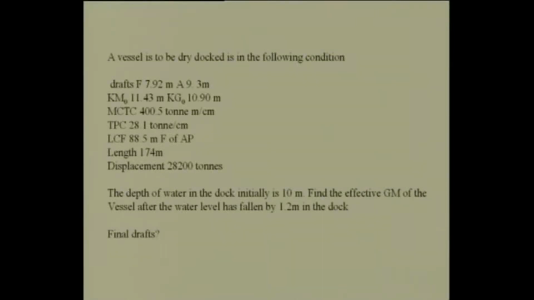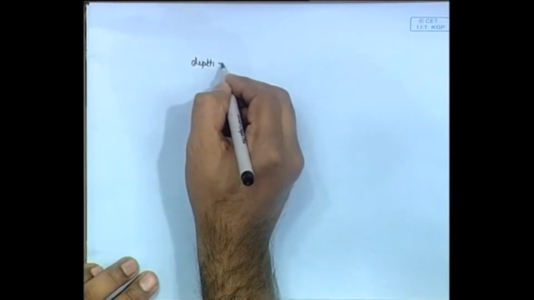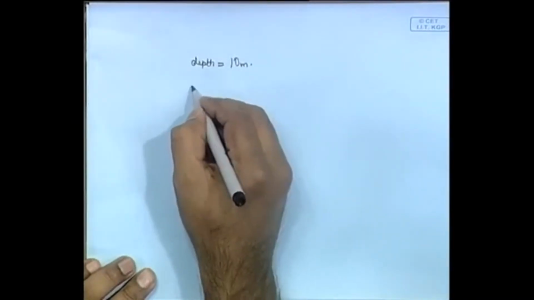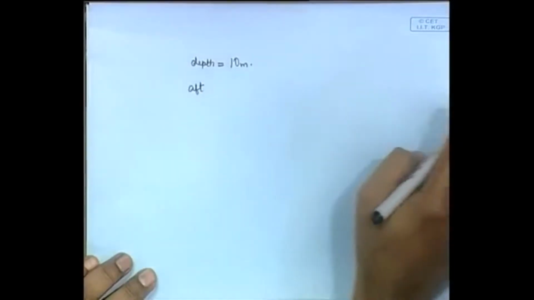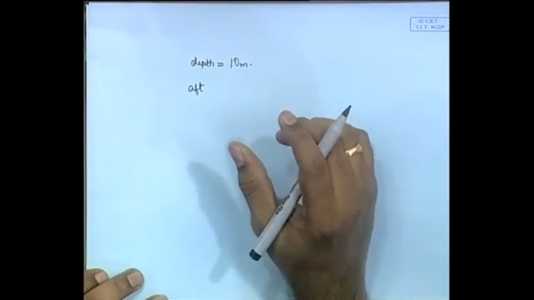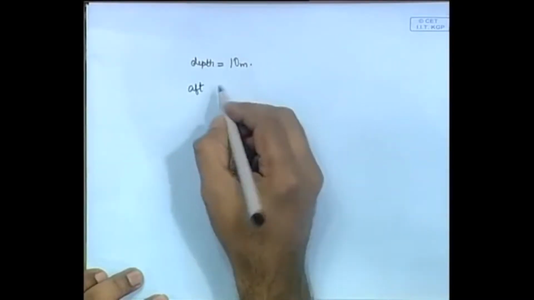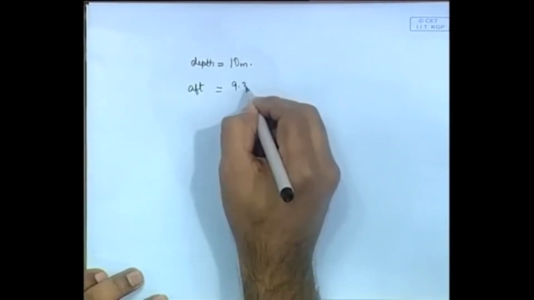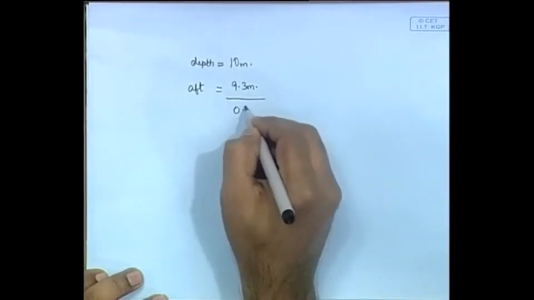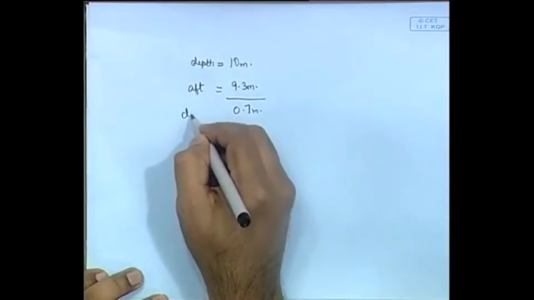Then you are told that the depth is 10 meter, and let's take the aft section. Why do we take the aft section? It's because aft is deeper, meaning the draft aft is more. It's always like that, and in this case also. So it's 9.3 meters. Therefore, we see that there is a 0.7 meter clearance.